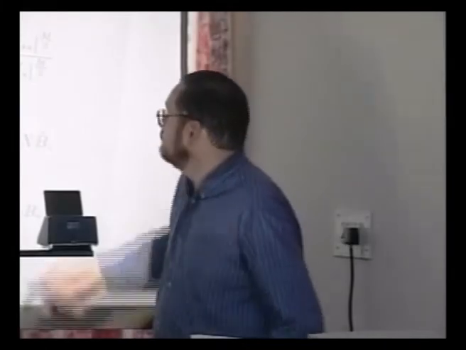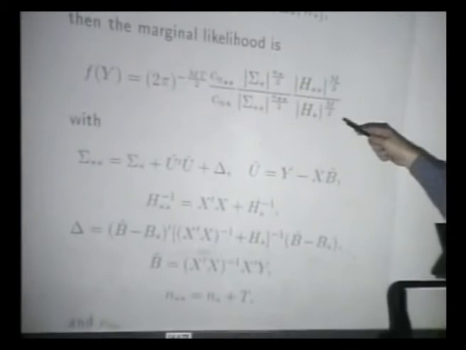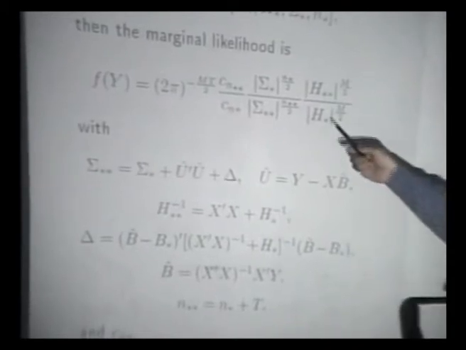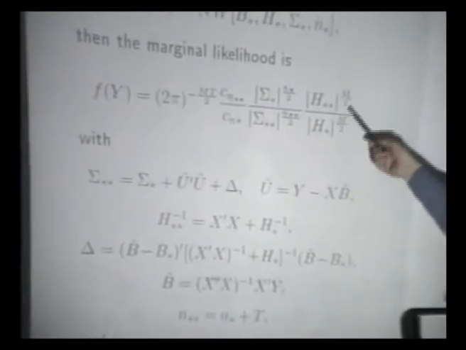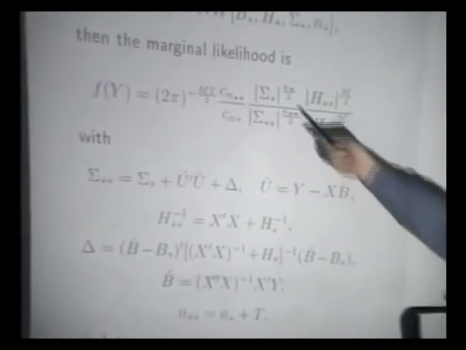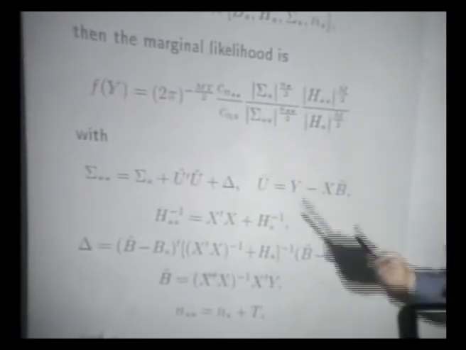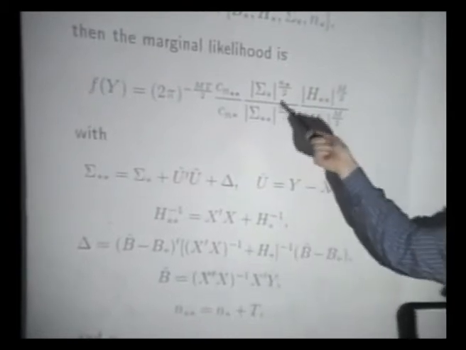And if you now look at how this marginal likelihood would look for this multivariate regression or the multivariate time series case, then here you see again the formula which comes in these three parts I just explained before. You have a ratio of determinants, if we start now from the back, a ratio of residual sums of squares, which is the Sigma star and the Sigma double star, so it's the prior sum of squares matrix and the posterior sum of squares matrix.